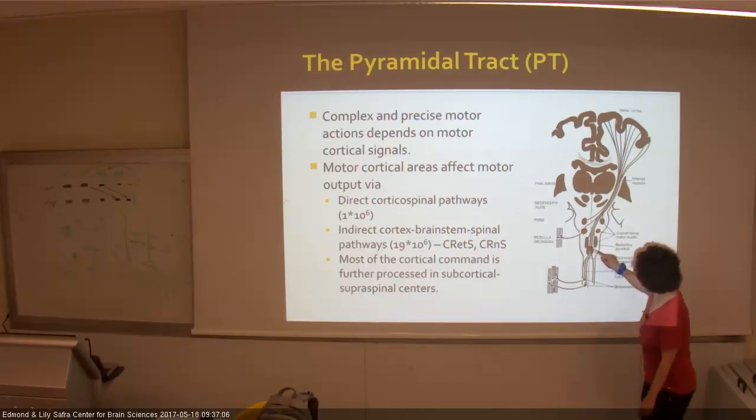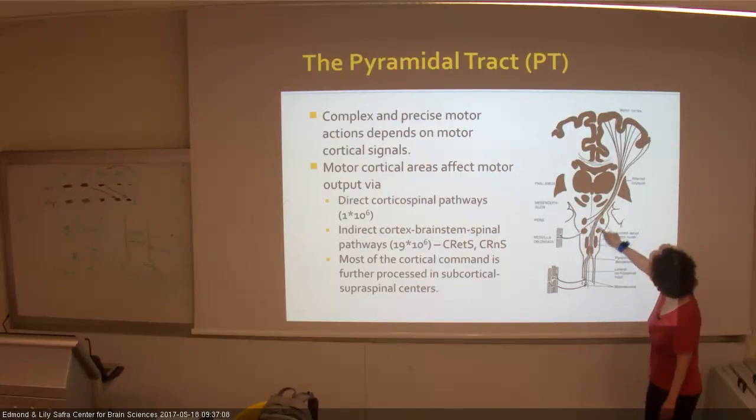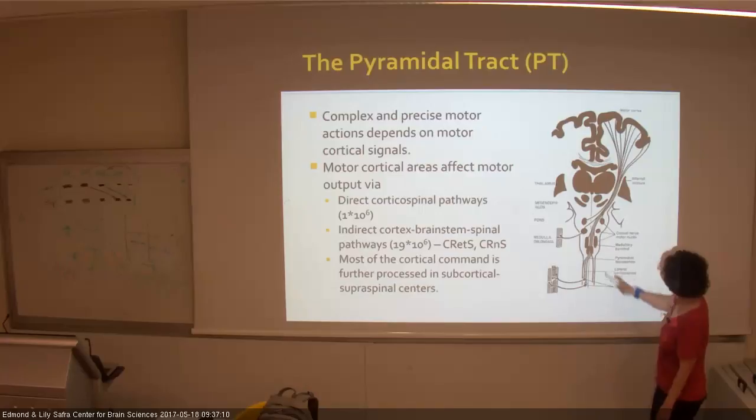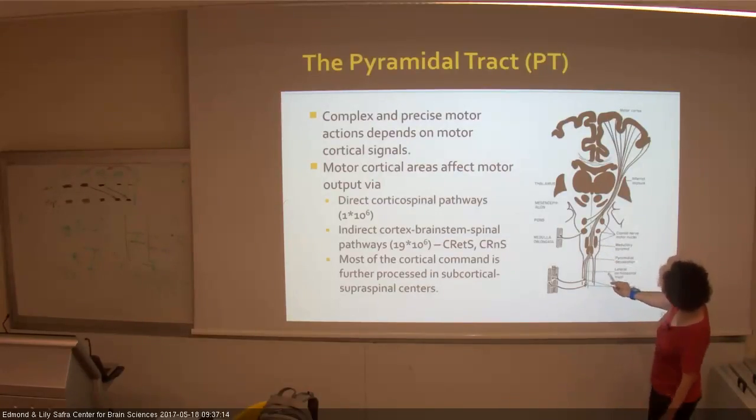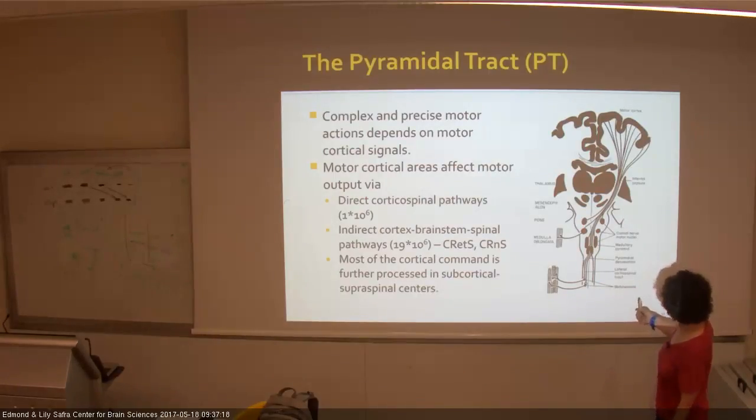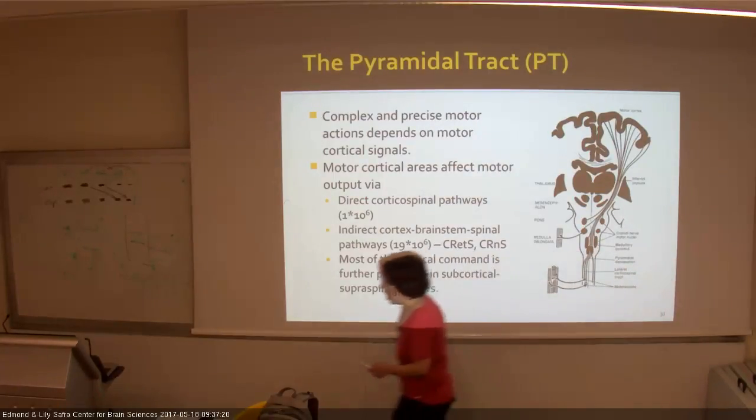Okay, so at the level of the medullary pyramid, the axons cross to the other side and give rise to the lateral corticospinal pathways and reach downstream interneurons and motor neurons.